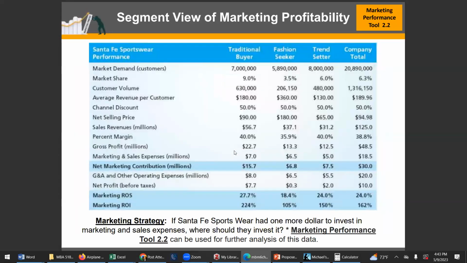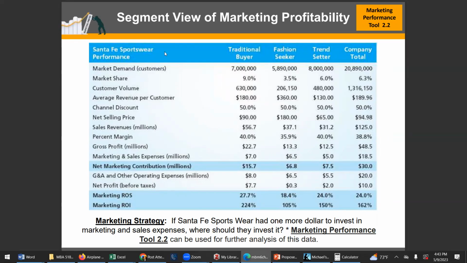Now another way that we can slice and dice this data for Santa Fe Sportswear is by market segment or customer segment. And so for Santa Fe Sportswear, it looks like they've determined they've got 3 different customer segments. So they've got a traditional buyer, don't know exactly what that is, fashion seeker.